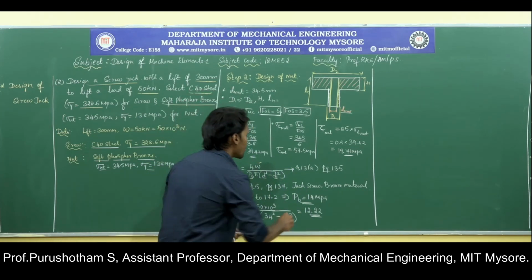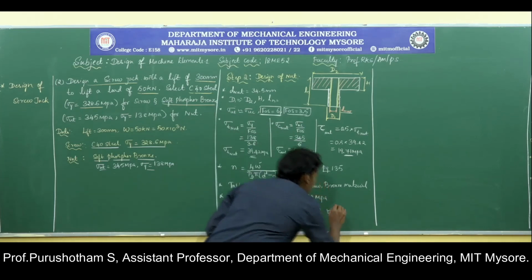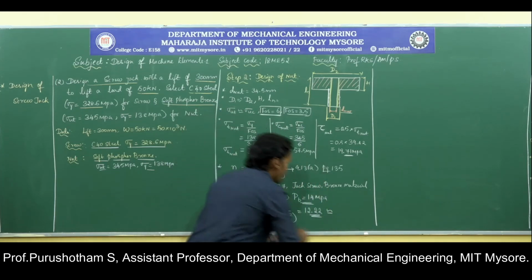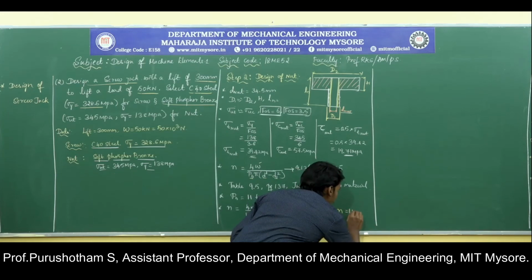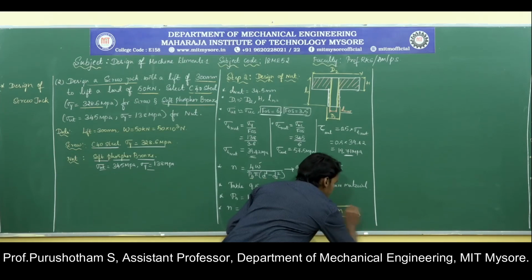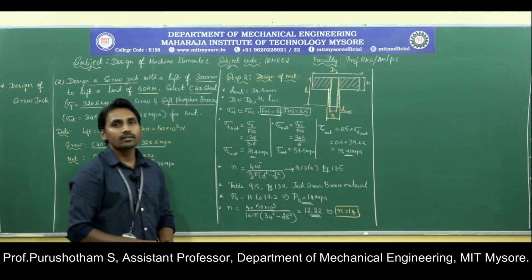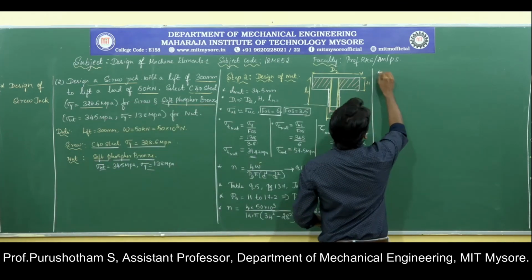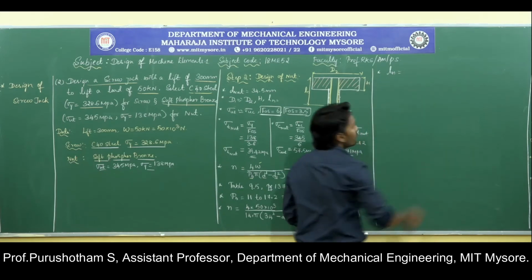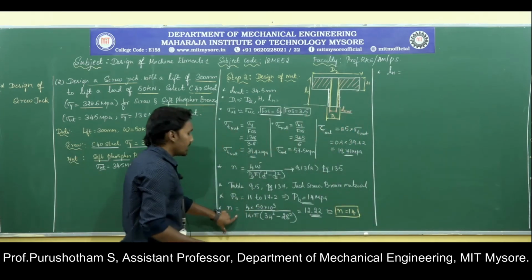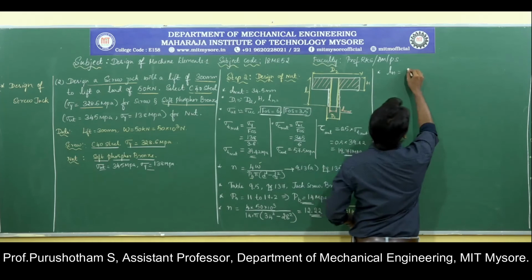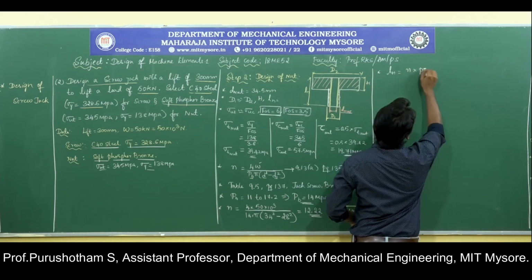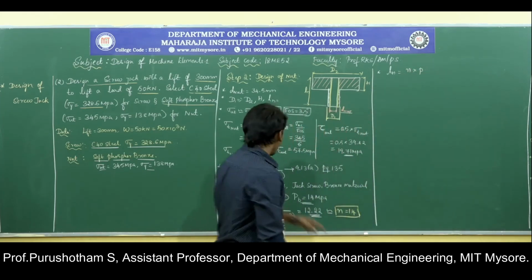So for the even number of threads, I am going to take the next even number, that is N equal to 14. Now the length of the nut, Ln, is given by N, the number of threads in the nut, times the pitch.